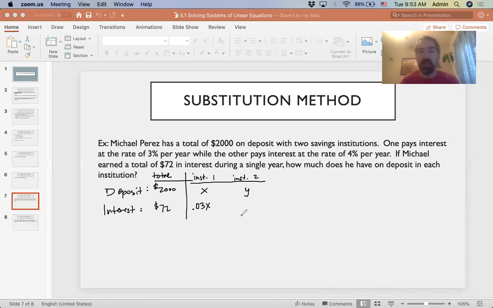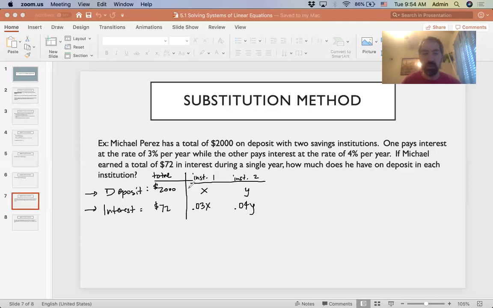And the second institution pays 4% per year. So we would say that he earns 0.04Y dollars in interest. Okay, so we're writing everything that we're given. We set that up as a table. That's going to help us stay organized and help us identify the 2 equations that we're using better. All right, so our 2 equations are going to involve our 2 relations, the deposit and the interest. Okay, and we already, in a sense, have these equations, right?